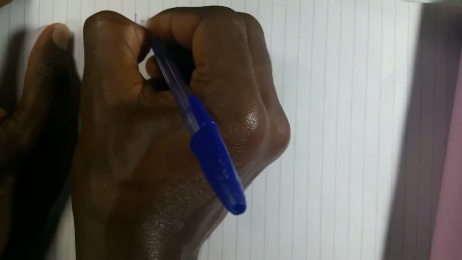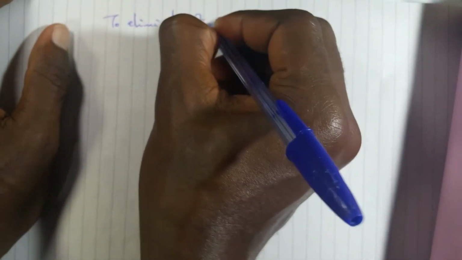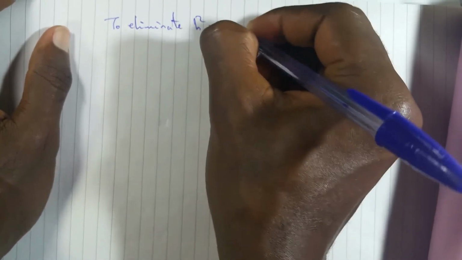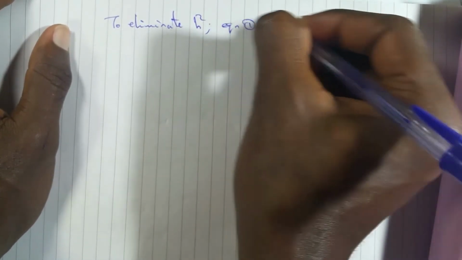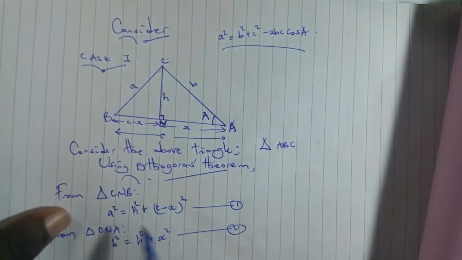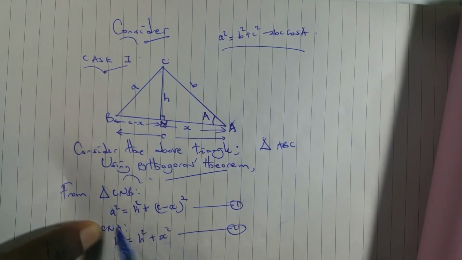Let's say to eliminate h squared, it's equation 1 minus equation 2, so that here we have a squared minus b squared equals h squared minus h squared plus that minus that.